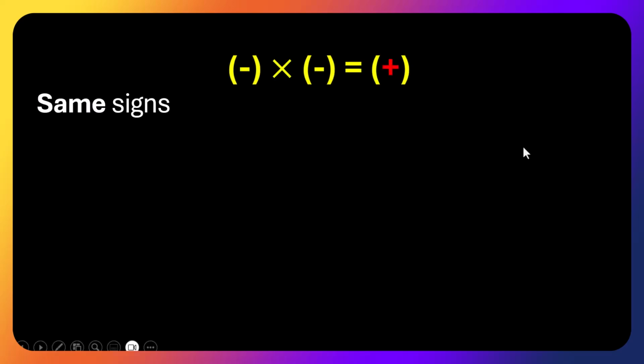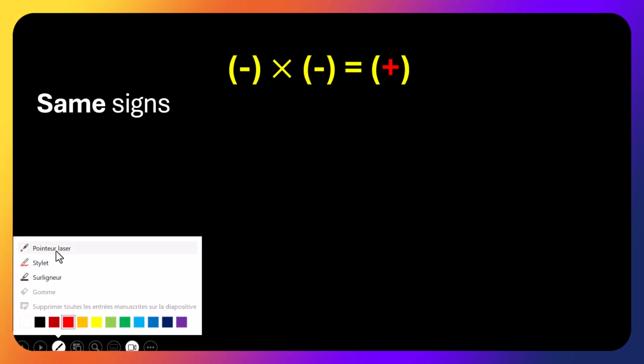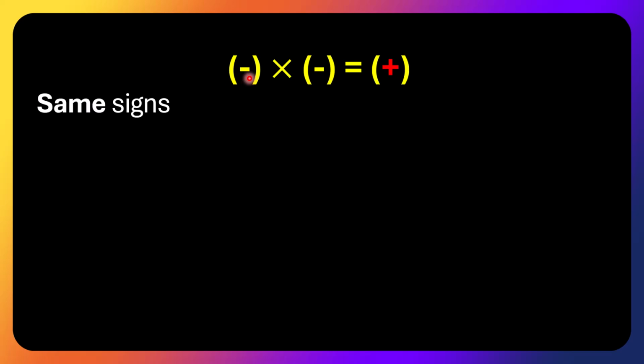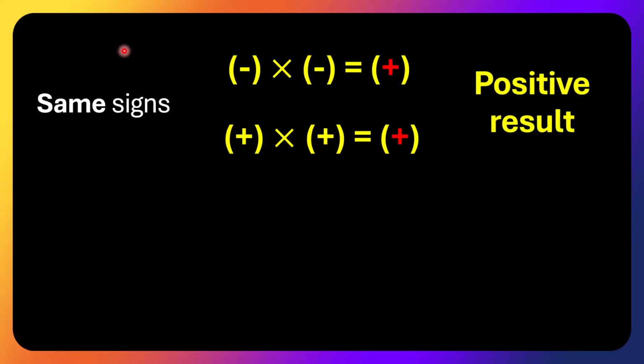For the same sign, as you can see here, negative multiplied by negative equals positive, and positive multiplied by positive equals positive. So here the same sign, here the same sign, so the multiplication will be positive.